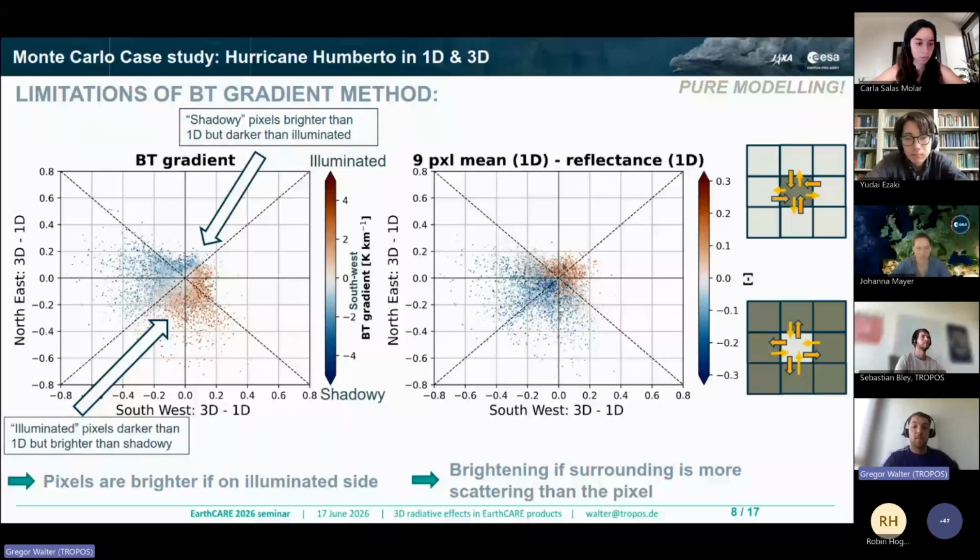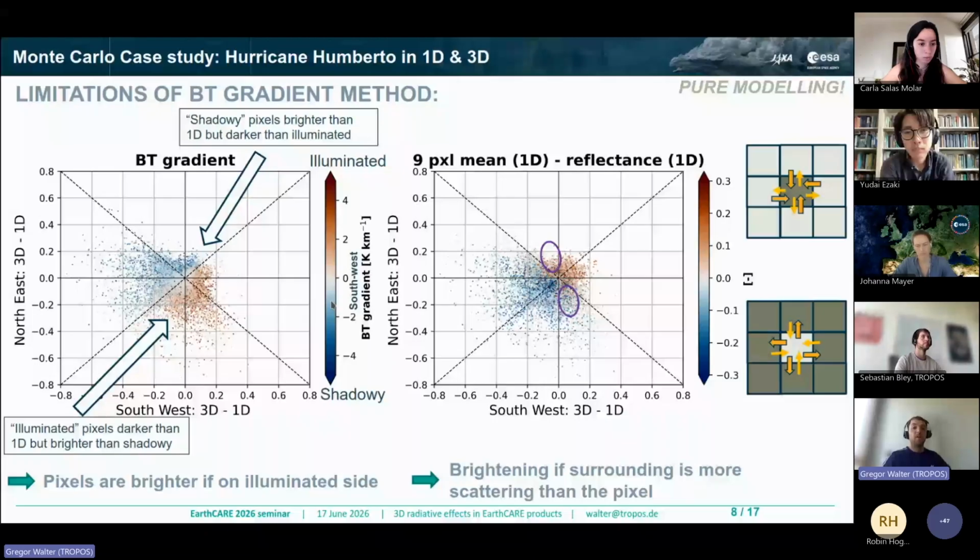So the pixels shown here indicate, okay, we have here a negative slope, but we also get more photons from the neighboring pixels. So as a conclusion, the brightness temperature gradient cannot explain all of the 3D radiative effects, and we can still assume that generally illuminated slopes produce more positive values and shadowy slopes more negative values.